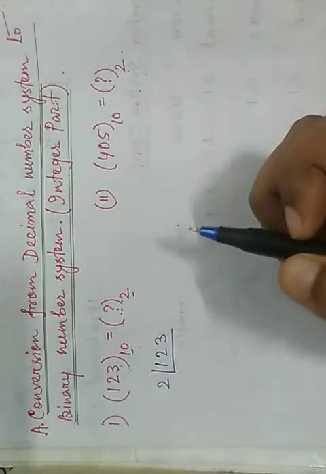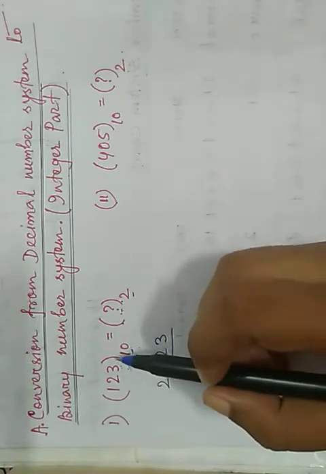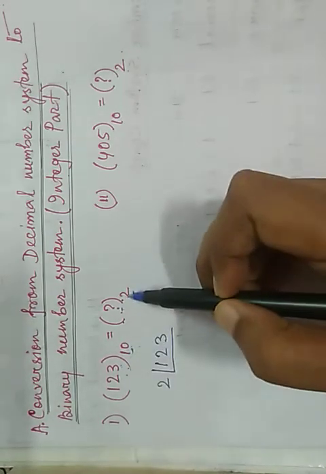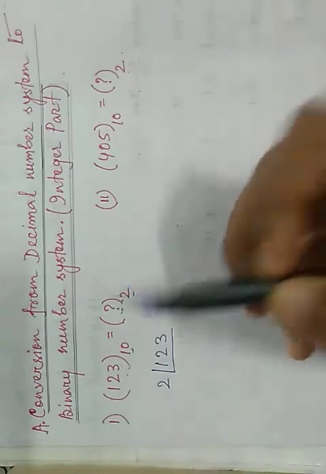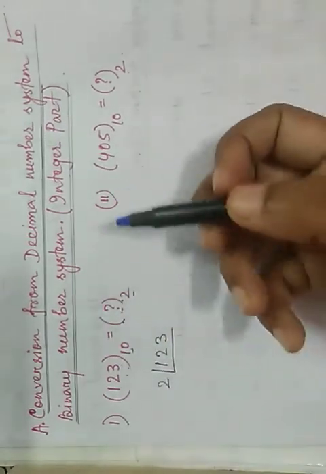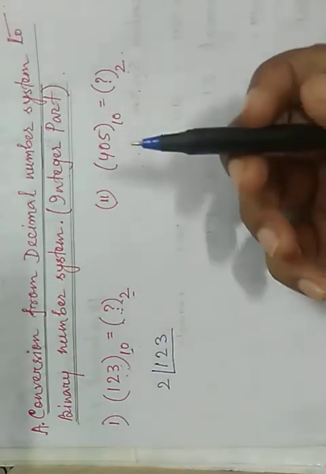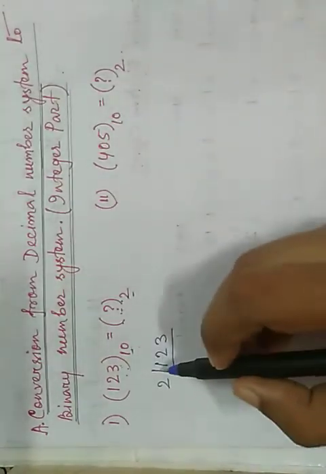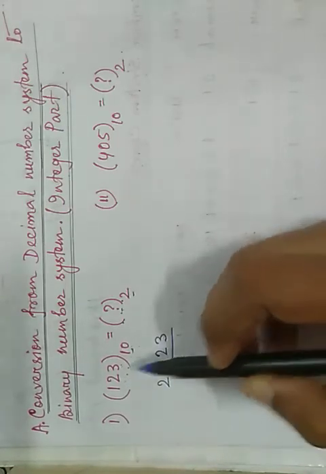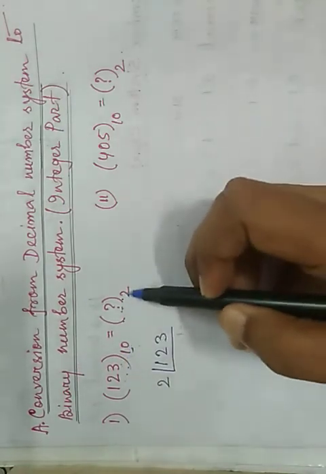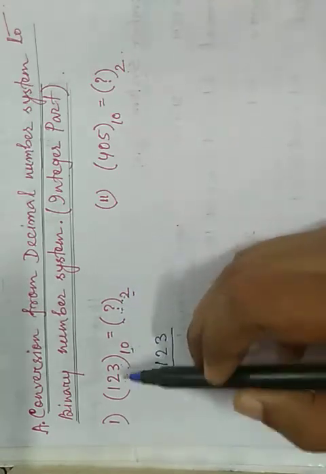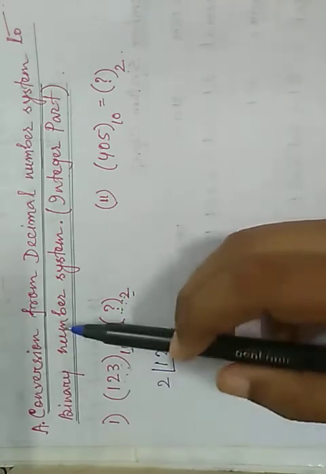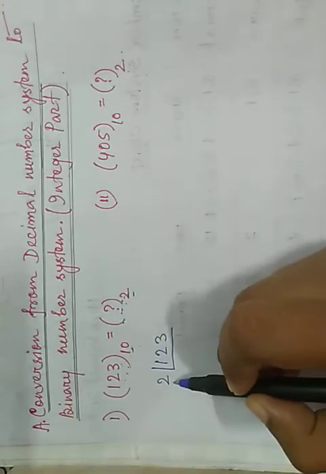Again I am repeating, whenever we are going to convert a decimal number into another number system, whether it is binary, octal or hexadecimal, we have to divide that decimal number by the base of the number system into which we are going to convert it. If we are going to convert it into the binary number system, we have to divide it by 2.